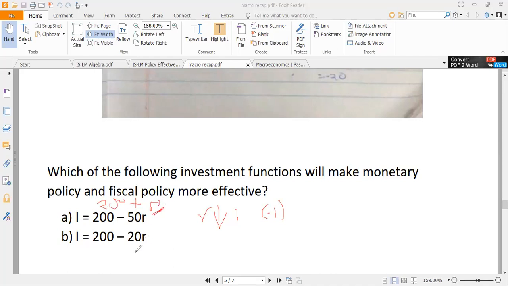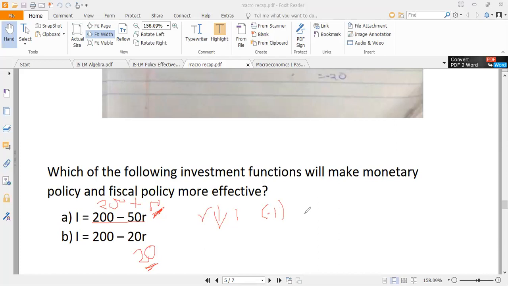If we do the same thing here, we see that investment is only increasing by 20. So if you compare these two, we see that the increase in Y here will be larger than the increase in Y from the second investment function. So the monetary policy will be more effective on the investment function which is more responsive to changes in interest rates. Is that okay? Yes, please.